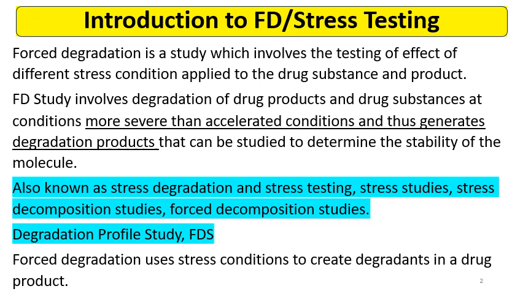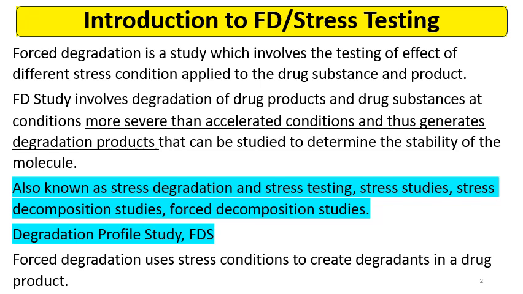The FD studies involve degradation of the drug product and drug substances at conditions which are more severe or more stressful than the accelerated conditions, and thus these studies lead to the generation of degradation in the drug substance and the formulation. These studies are done to determine the stability of the molecule.